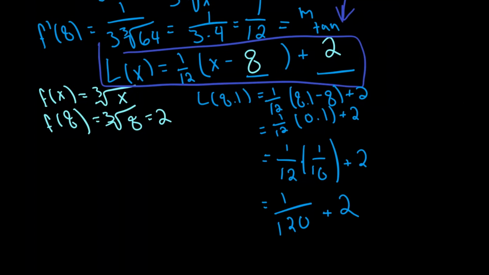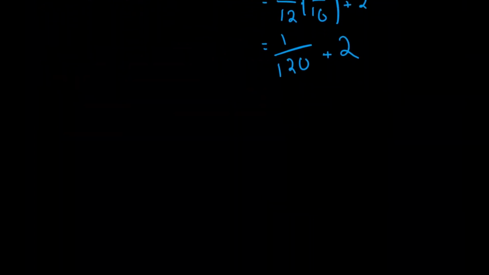But we can't just add fractions that don't have the same denominator. So we're going to have to make this into the same denominator as this, which we can do if we multiply 2 by 120 and put it over 120, so 120 times 2 is 240 over 120.